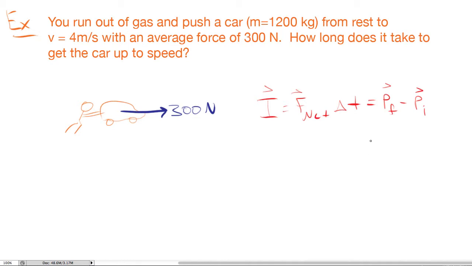In this case, we have a pretty simple system. We're looking at the car, that's what the force is being exerted on. We know the change in momentum of the car, so we can solve this. I'm after delta t, and that's equal to the final momentum of the car minus the initial momentum of the car, divided by the net force.